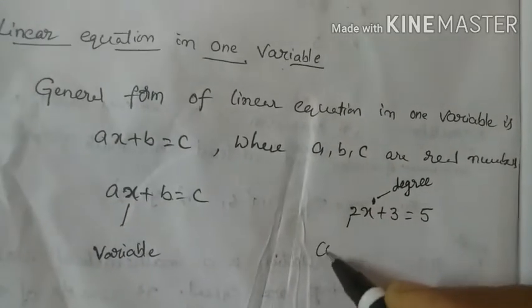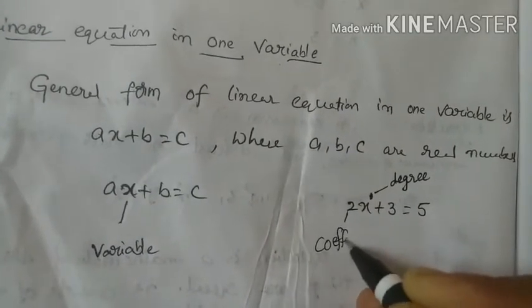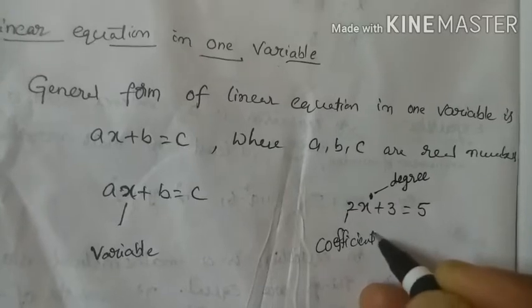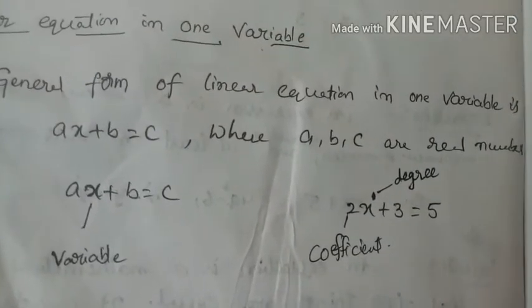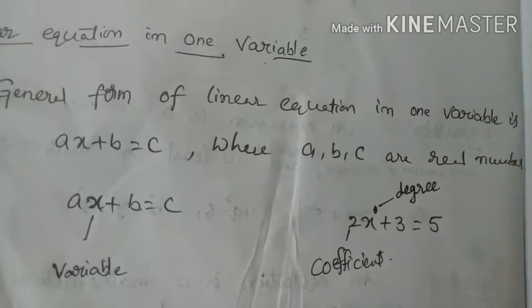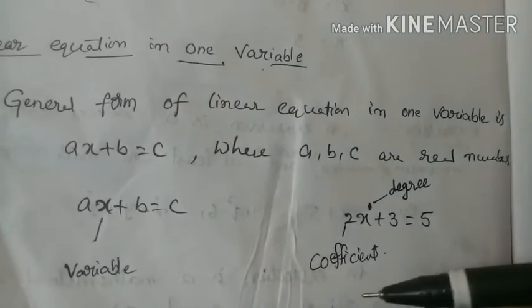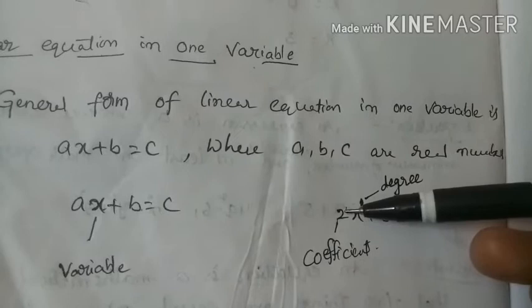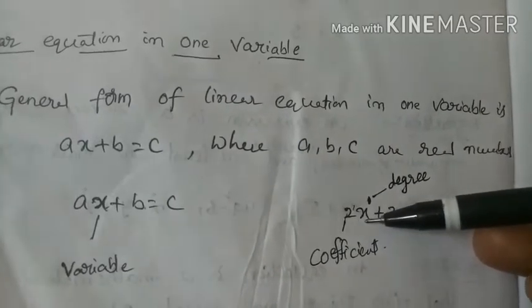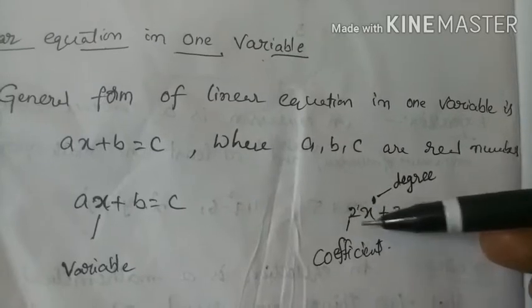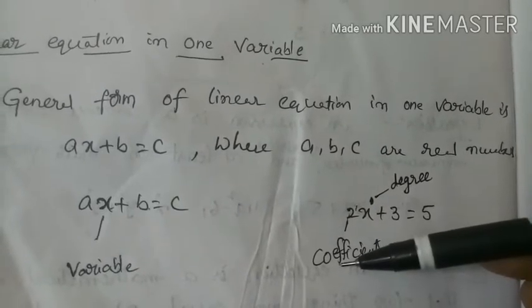What do we call it? Coefficient. First of all, what is a coefficient? Coefficient means the number that is multiplied by the variable. The number that is multiplied by the variable is called the coefficient.